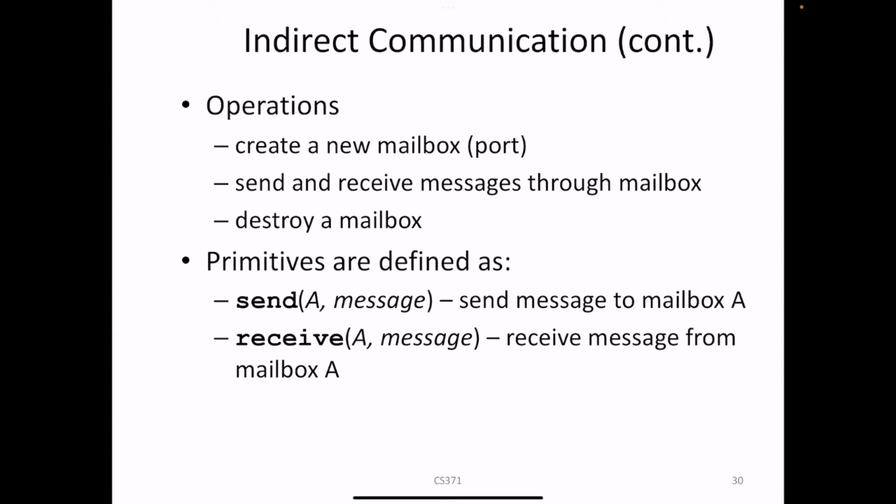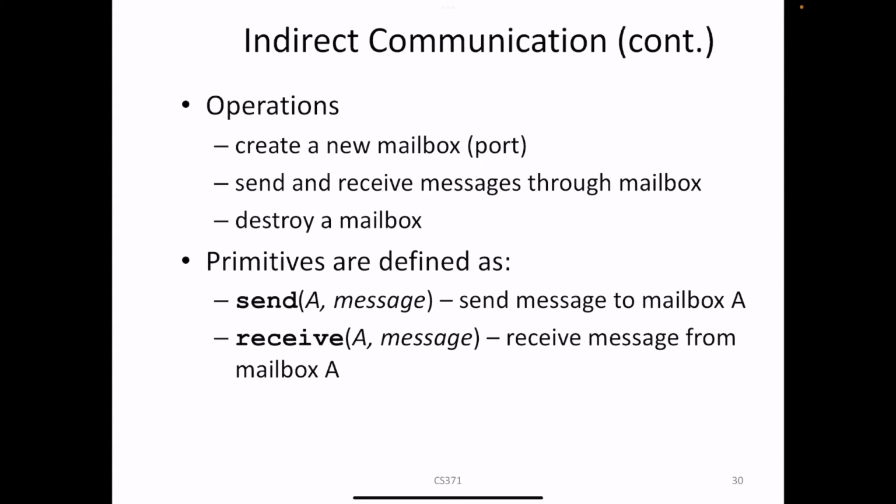In indirect communication, we have three operations. When processes want to communicate with each other, we must create a new mailbox for them. Then processes can send and receive messages through this mailbox. When the communication is done, the mailbox needs to be destroyed.